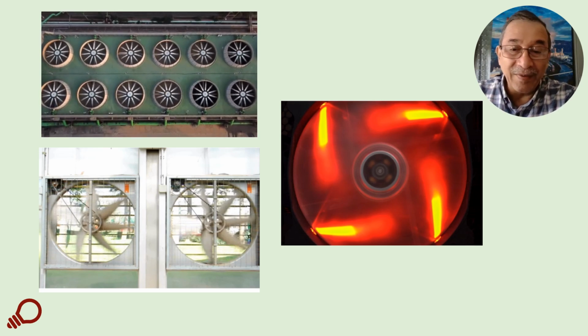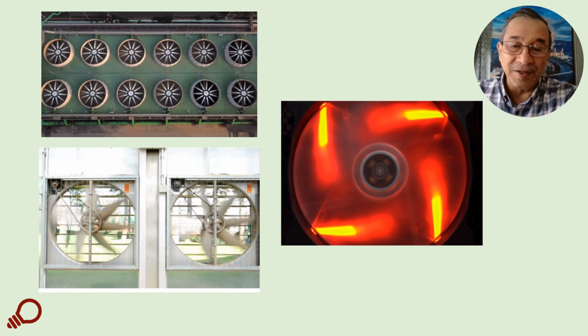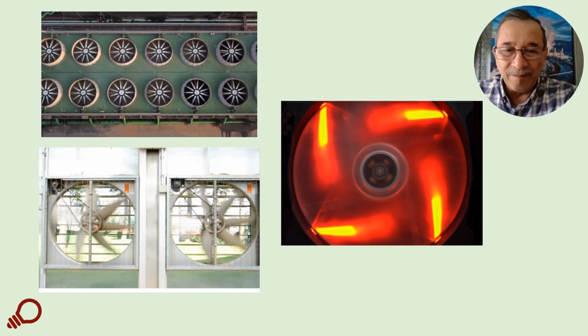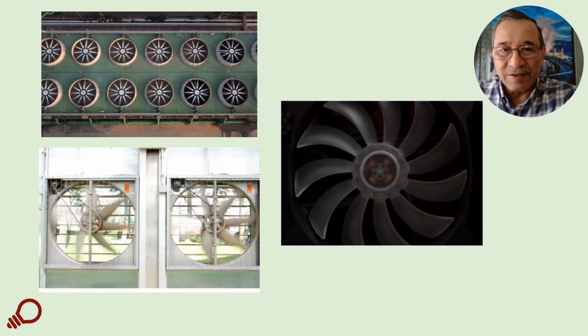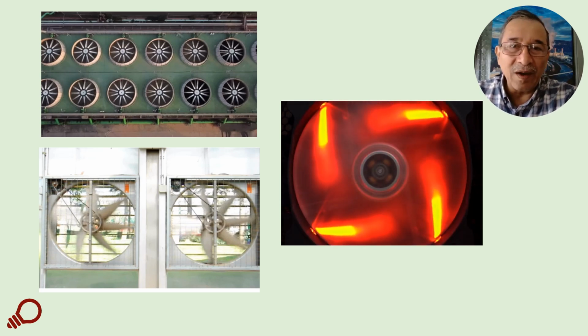So there are many types of these fans, depending on the industrial application. The size and the flow rate available just depend on where we are going to use these fans.